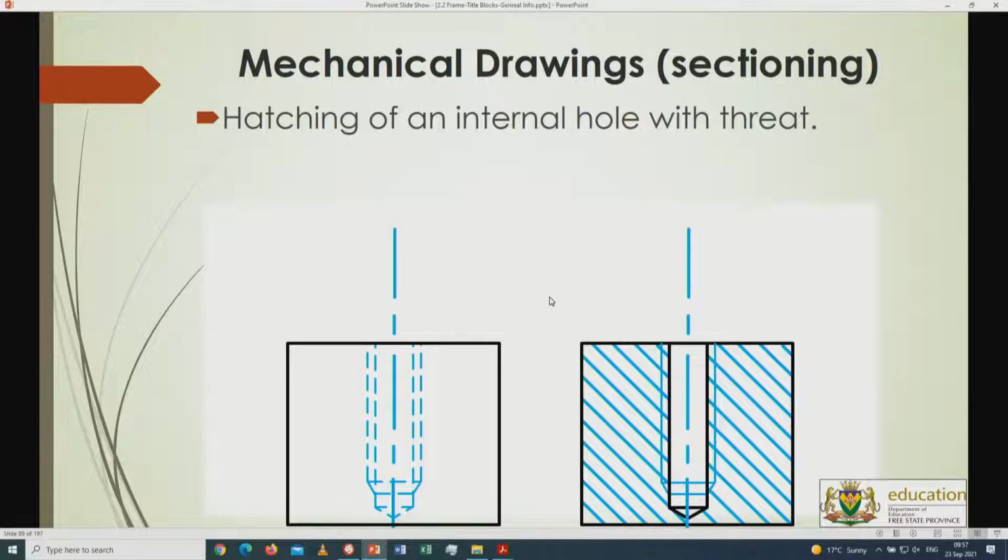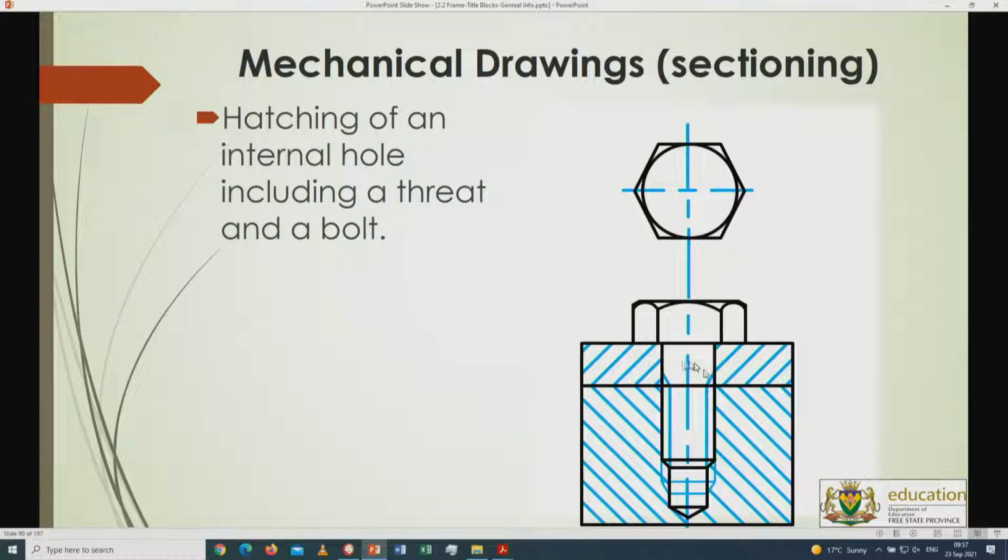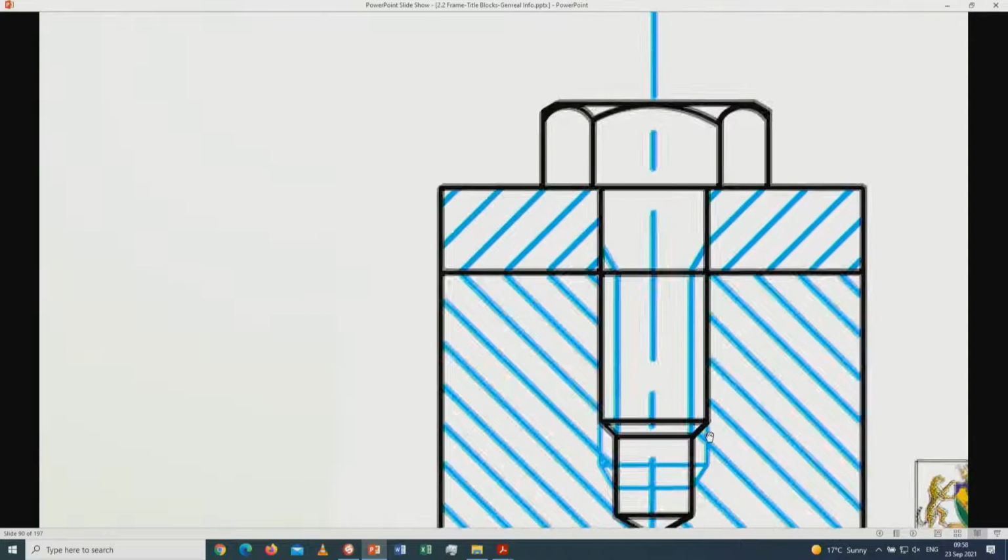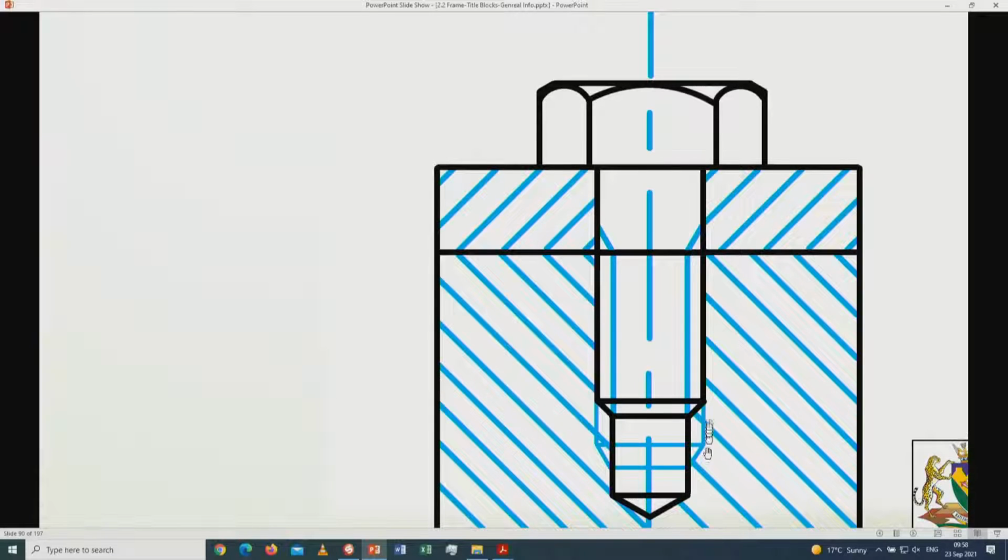All right, now you should also know that bolts don't need to be hatched, so therefore this area over here will be cleared up, but the hatching will still carry on onto this part over here, so therefore it swaps around. Can you also see the type B line over here, type A line, and it goes back to the center of the hole, and then this will cause a type B line that you will see in this area at that point and at this point over here.